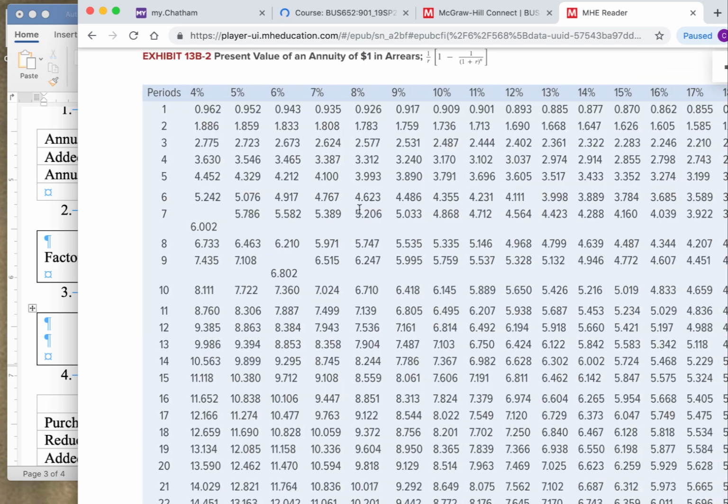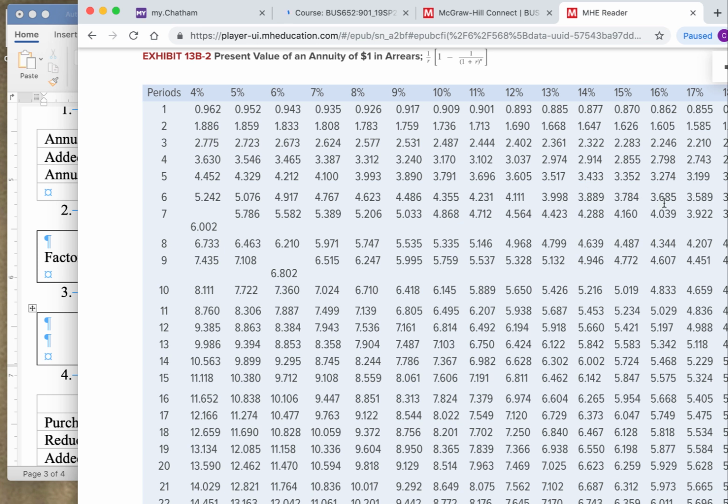We know this machine has a useful life of 6 years, so I'm going to go to my 6th year and try to find 3.720.